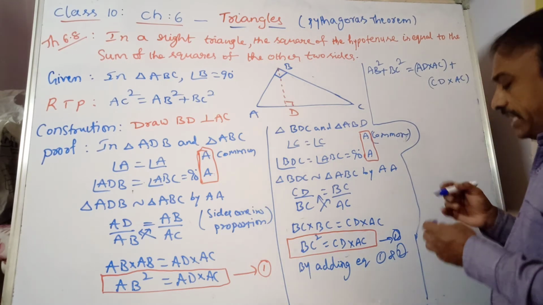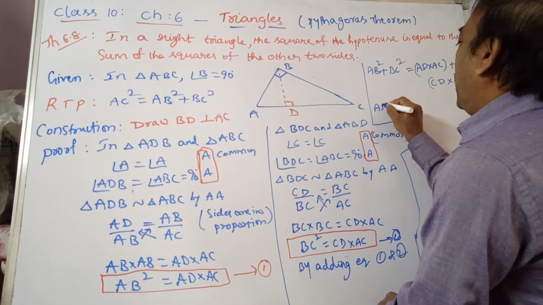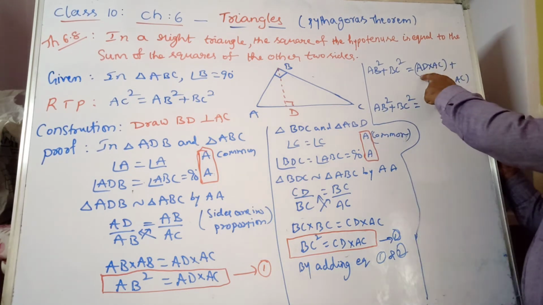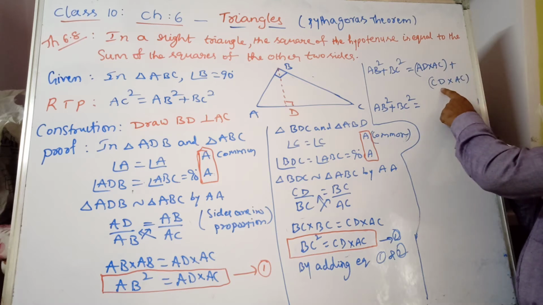Observe it. Now AB square plus BC square is equal to AD into AC plus CD into AC.